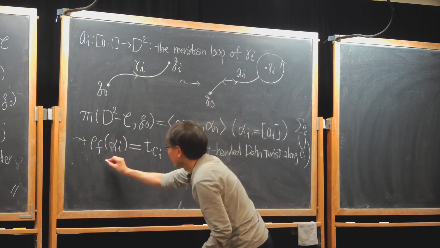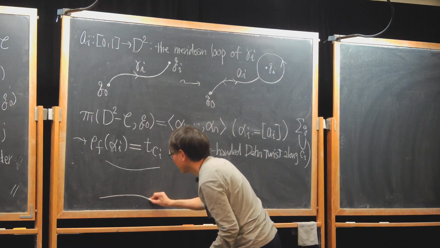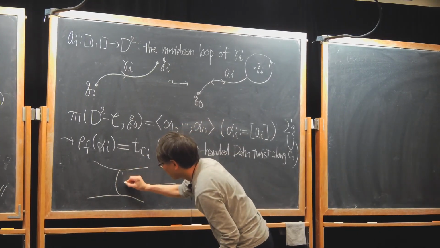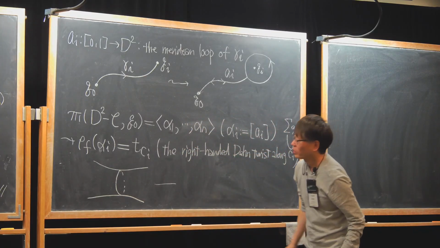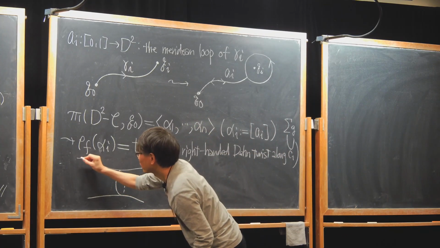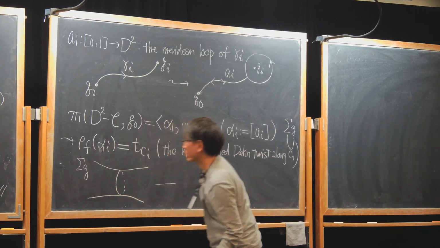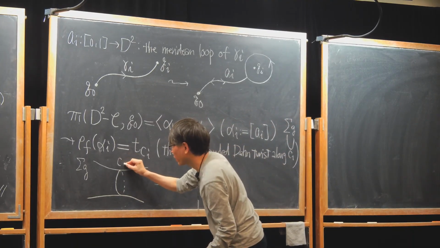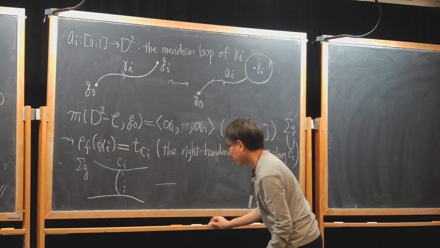And I'd like to draw a figure. So here, this surface is sigma g, and this simple closed curve is c_i.